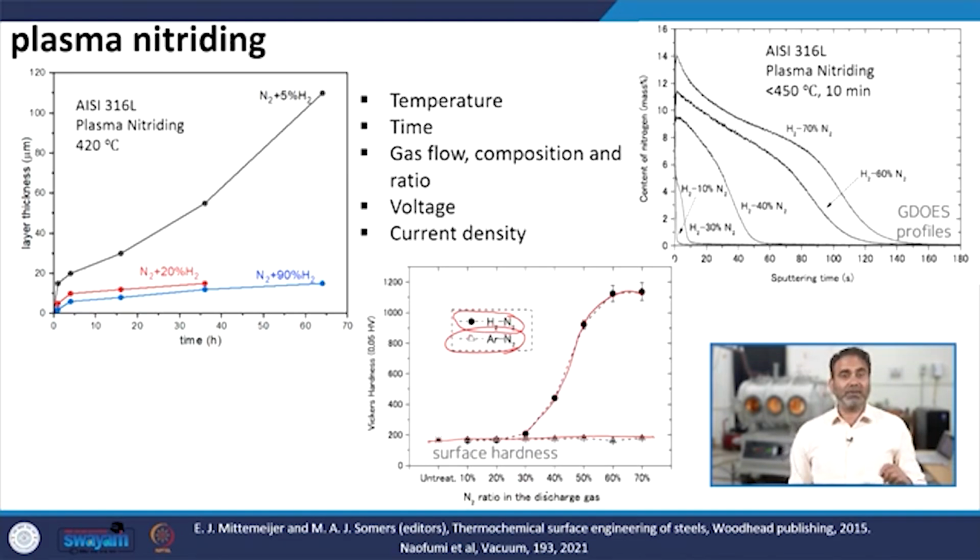Okay, what we understand from this is hydrogen is a must in addition to nitrogen to be able to have the nitriding effect. This can be understood as hydrogen allows the formation of intermediate species, maybe NH, NH2 or NH+, some species together with the hydrogen, and those species will be able to transfer the nitrogen to the surface of the steel.